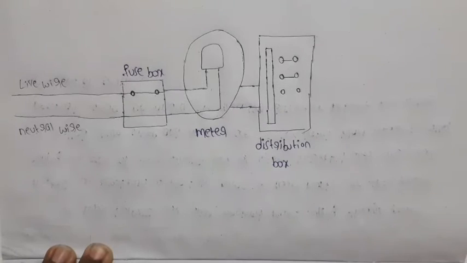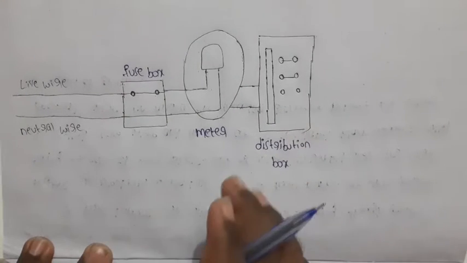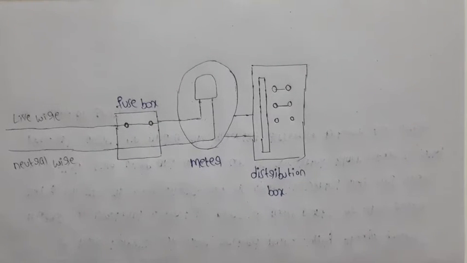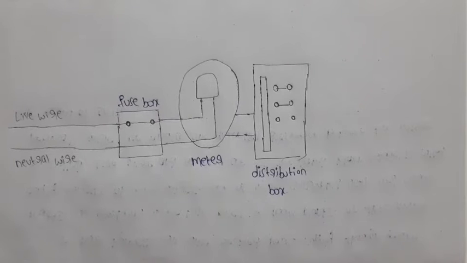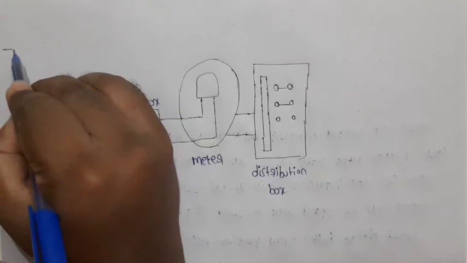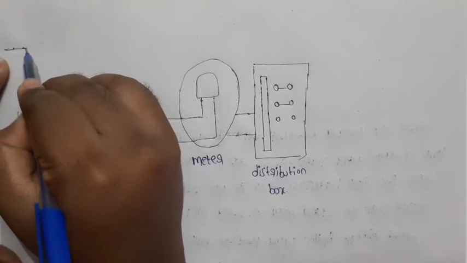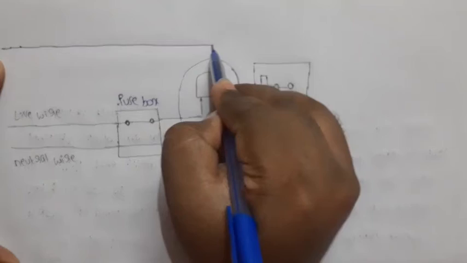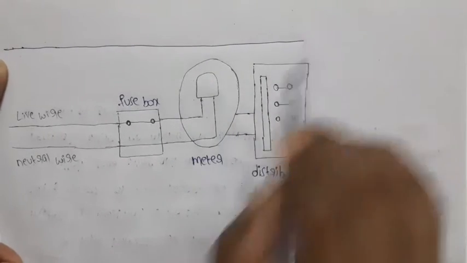Up to now we have not used the earth wire. So why do we use the earth wire? What is meant by the earth wire? The earth wire is also a wire, insulated with green color. That wire is known as the earth wire.